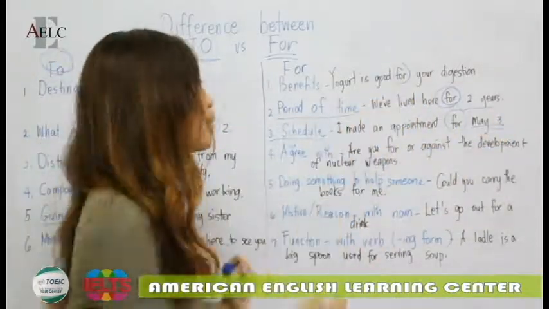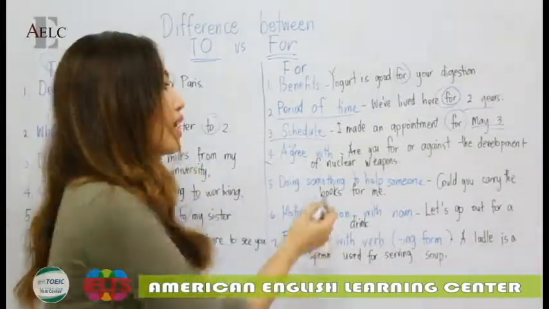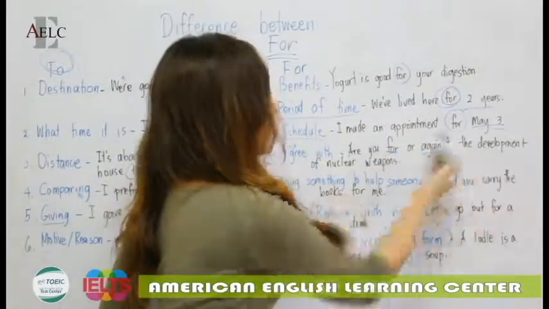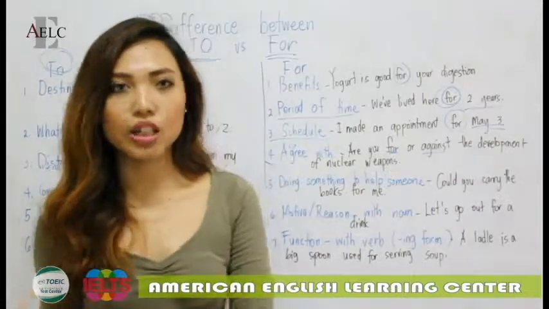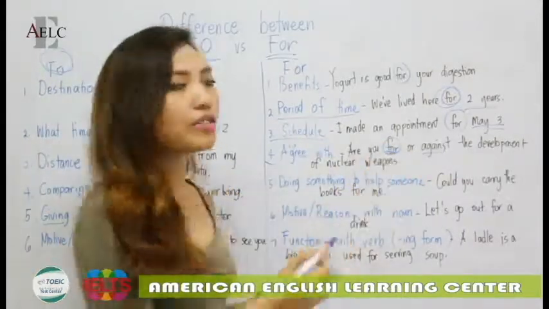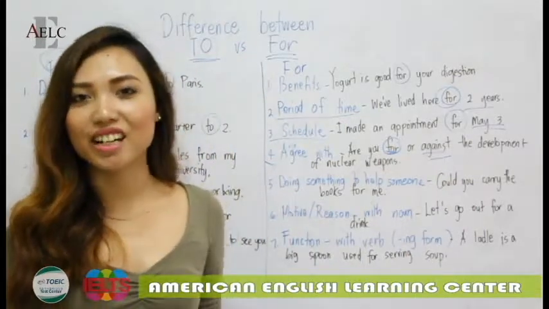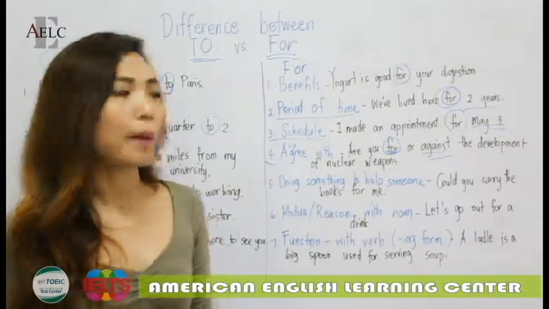The fourth one is if you agree with something. For example, are you for or against the development of nuclear weapons? That means, do you agree or do you disagree? For stands for agree, and against stands for disagree. So that is how we use for if we agree with something.